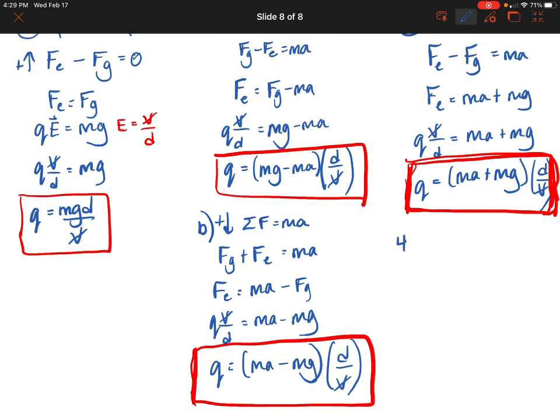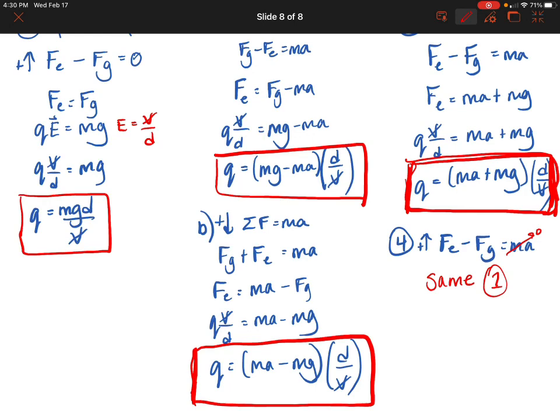And so when we set up our Newton's second law here, neither way is positive or has to be positive because acceleration is still zero. So when we know that we're taking electric force and subtracting gravitational force equaling mass times acceleration, we know that's still zero. And therefore, this is going to look exactly the same as scenario 1.